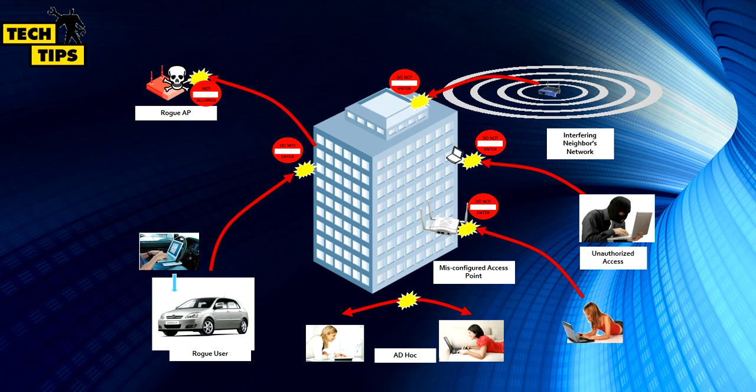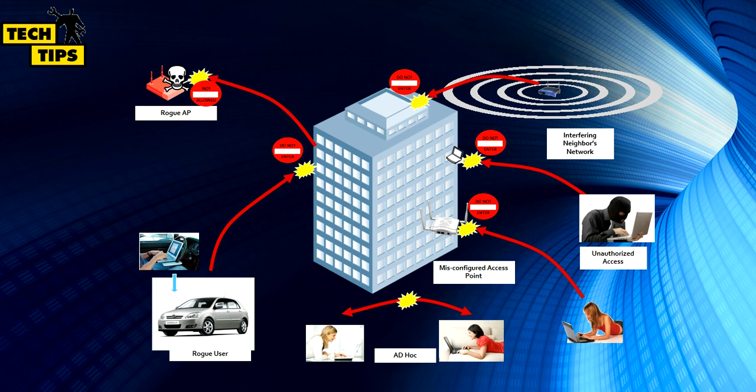Also, there can be two devices which create a bridge between their laptops or mobiles, and they can transfer data. Such kinds of security breaches on your network, we call wireless intrusions.